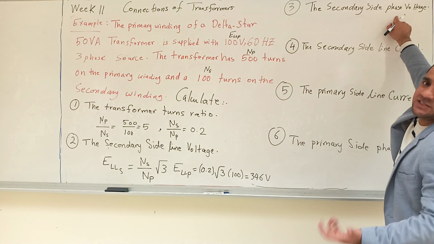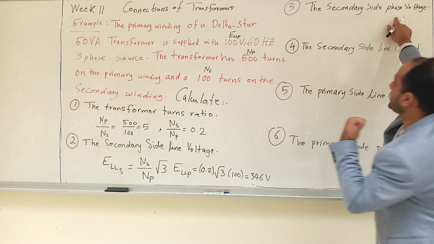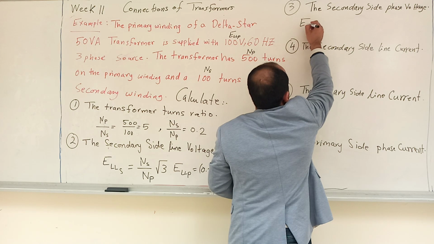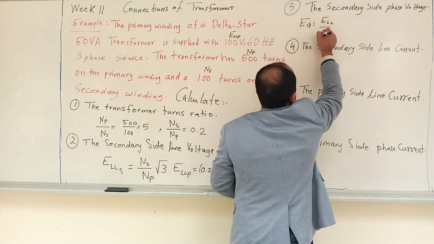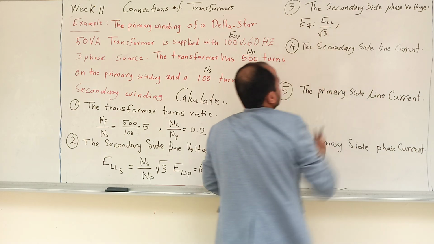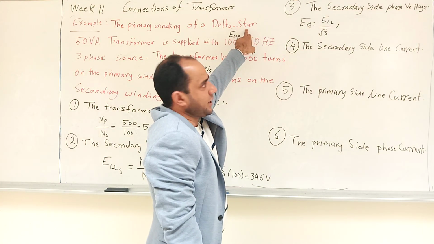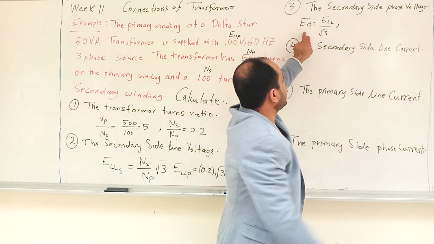What about the phase voltage? Easy. We go back to the lectures on three-phase circuits. We know the relation between them: E phase is E line to line over root of 3 in the star connection. Remember, we are still in the secondary side, which is Y connection or star connection.